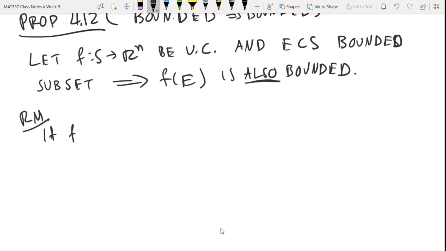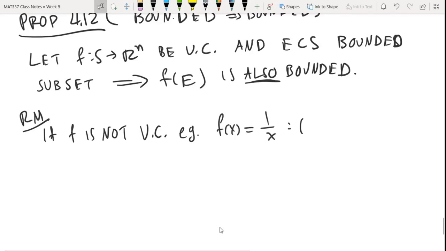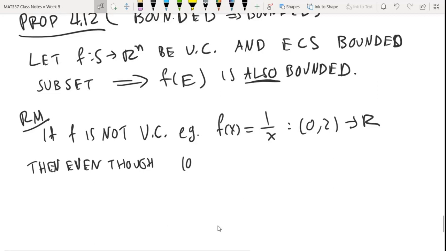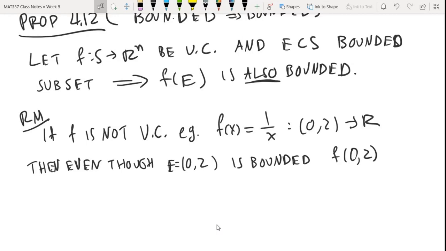If f is not UC, e.g., take f of x to be 1 over x from (0, 2) to R, then you know, even though (0, 2) is bounded, f of (0, 2) is in fact, what's the image?